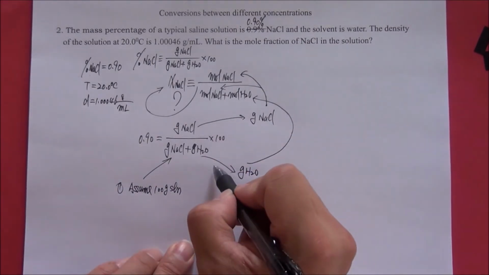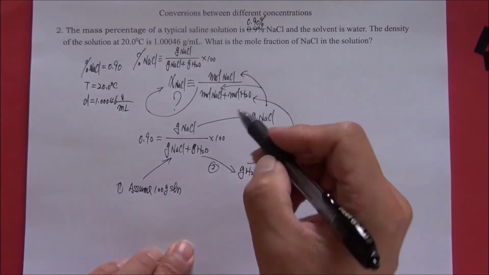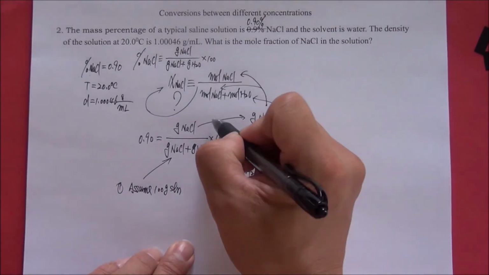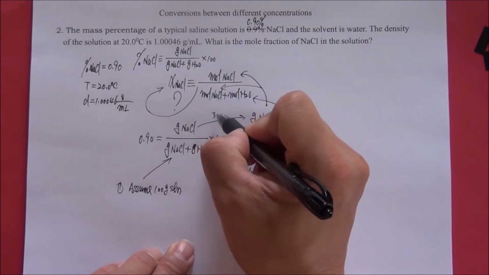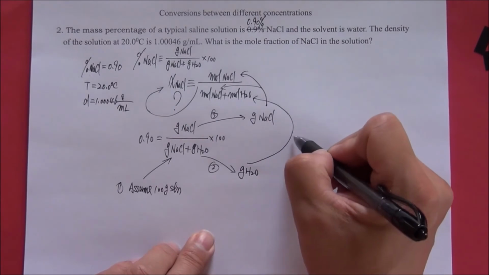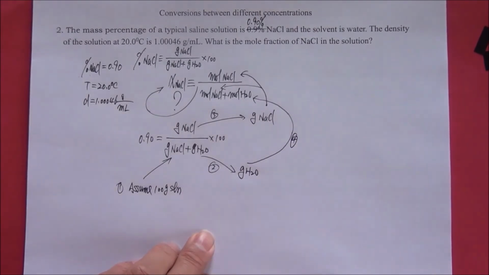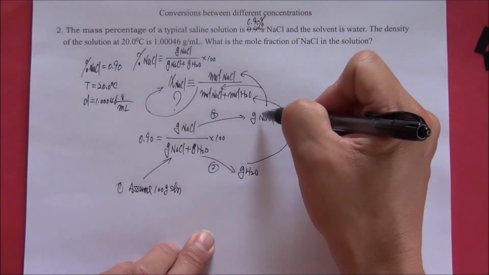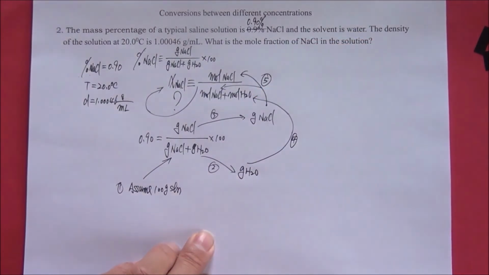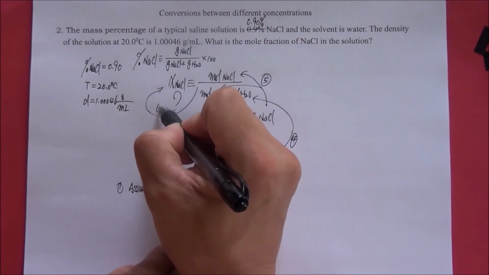And this is our step 2. Since we already called this step 2, we will call this step 3. And then this will be step 4, then step 5, and step 6.